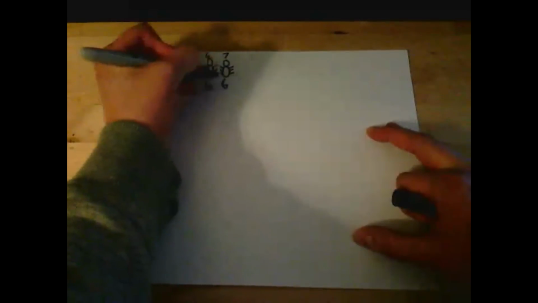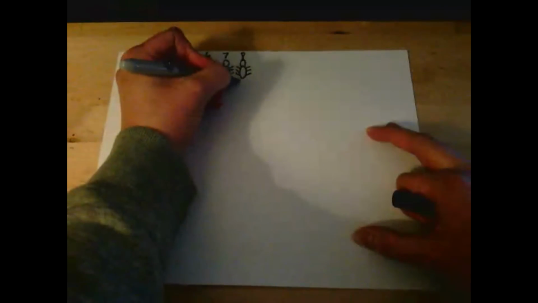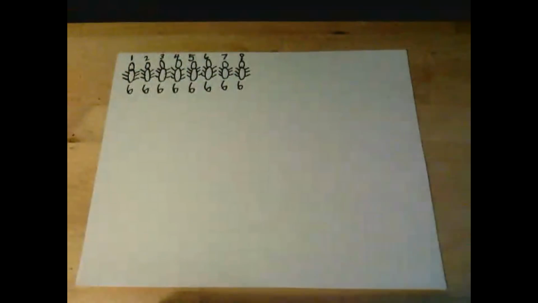Seven praying mantises. And last one with another 6 legs. 8 praying mantises, 6 legs. So now that represents what Edwin saw, but now I need to think about how I am going to figure out how many legs he saw altogether.